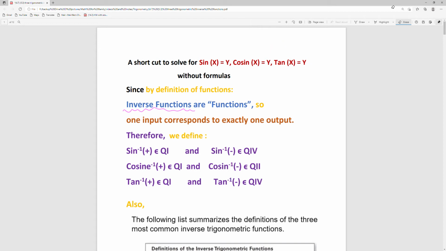Okay. So this one thing, before we start today's video, we shortly talk about the inverse function for sine, cosine, tangent. We use this notation. Okay.